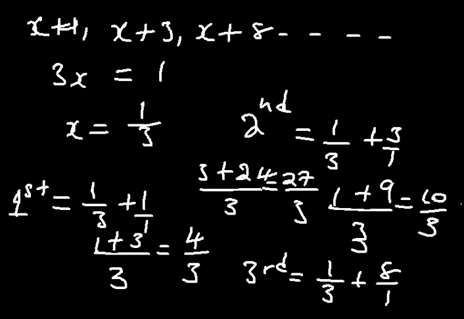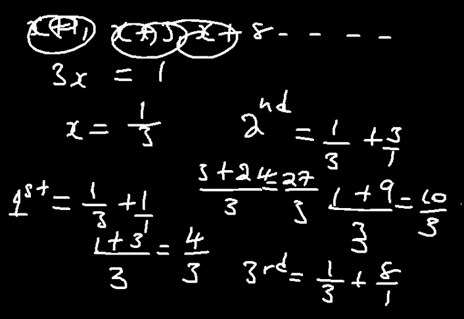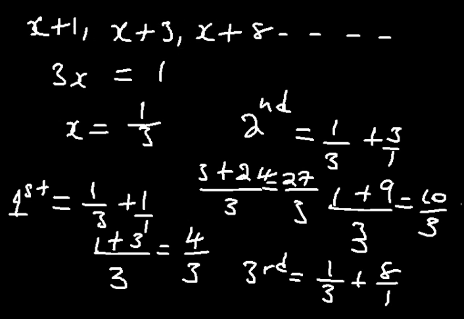So which means we can interpret this in terms of those values. The first term is given as 4 over 3, then the other one is given as 10 over 3, then the other one is given as 27 over 3.